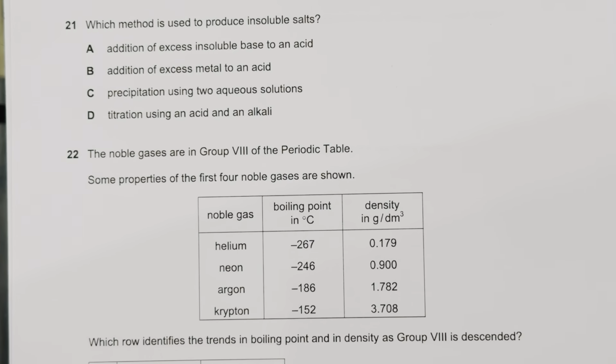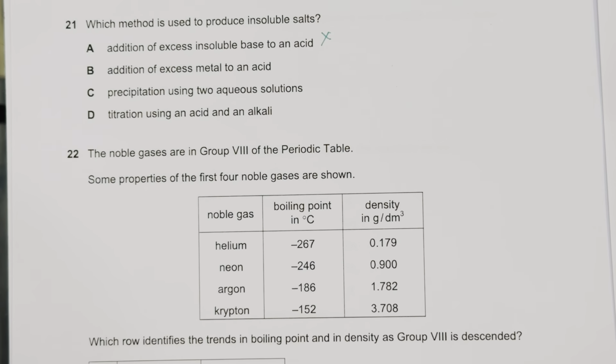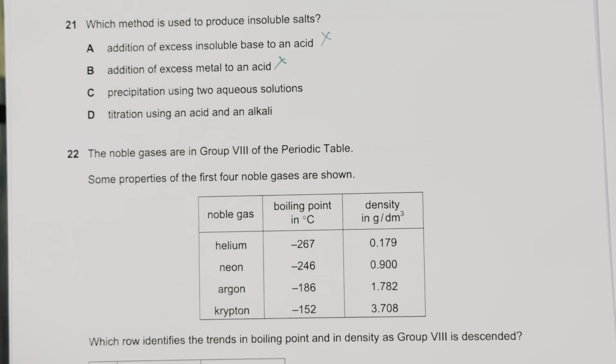Moving to question number 21. Which method is used to produce an insoluble salt? Addition of excess insoluble base to an acid. No, this is the wrong option. Addition of excess metal to an acid. Again, this is wrong. Precipitation using two aqueous solutions, because they are insoluble. So that's why option C is the right option.